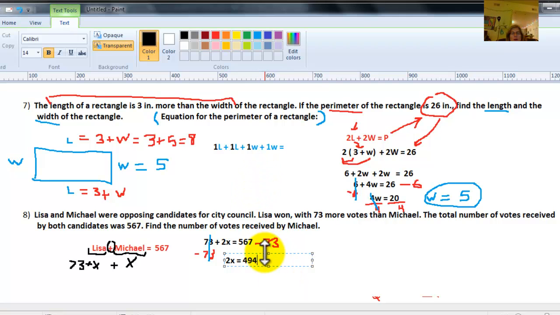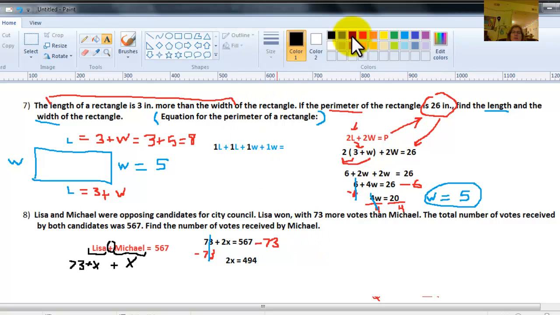So then what we have for our answer is just simply going to be 494 divided by 2, because we're going to divide both sides by 2. And we have to do that because 2 is multiplied by the x. So in order to separate it from the x, we have to do the opposite, which is divide. So we divided 2 over 2, which equals 1. That leaves us with x equals 494 divided by 2.